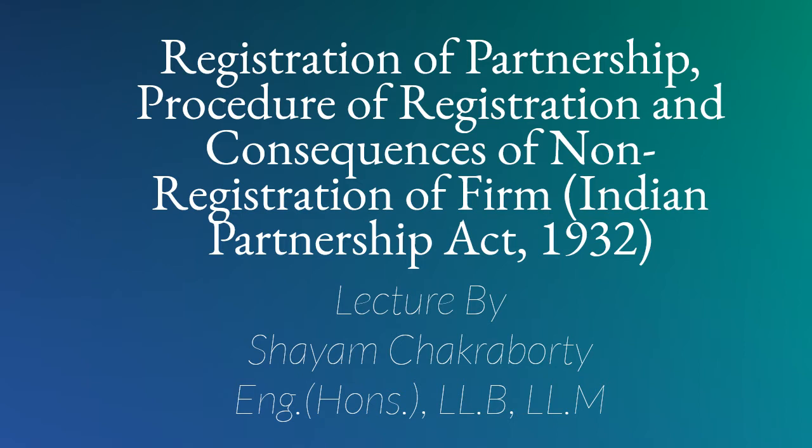Then the third point is the nature and place of business of the firm. Then the fourth point is the date of commencement of partnership, duration of the partnership firm, capital contribution of each partner, profit sharing ratio of the partners, admission and retirement of a partner.